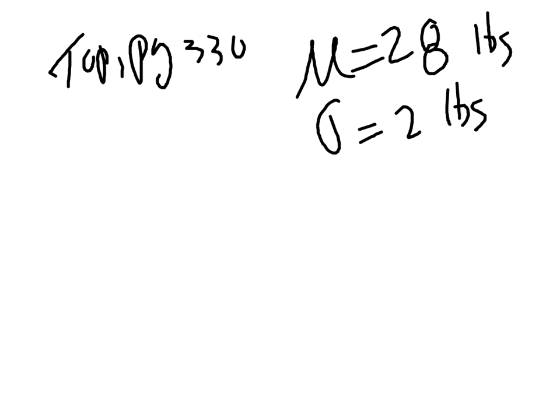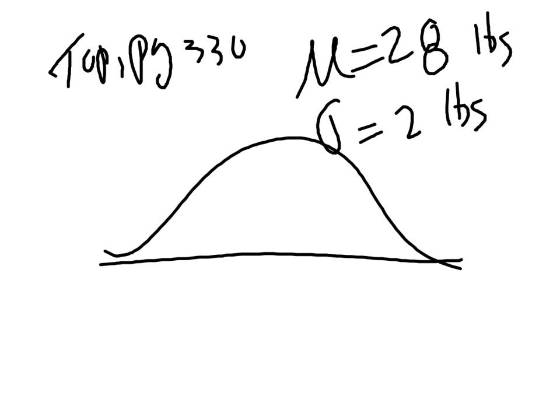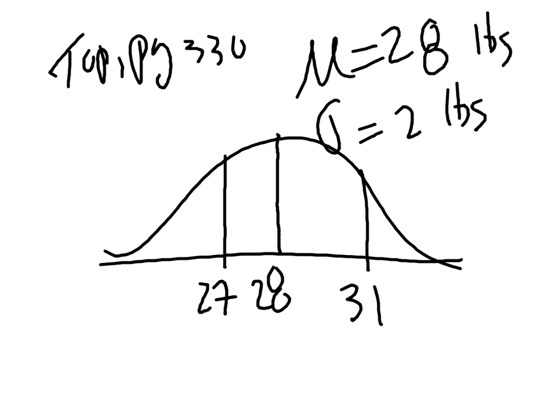So what we're looking for, let's draw a little diagram here. Well, I should really here put 28. Now the first one is between 27 and 31, so 27 would be below the mean, and of course 31 would be above the mean. Now, my drawing is not good but it's more than good enough for us to find this requested area here.